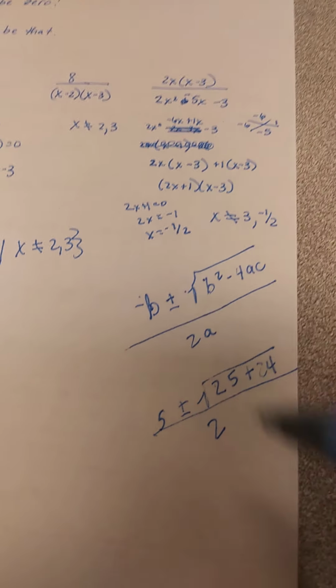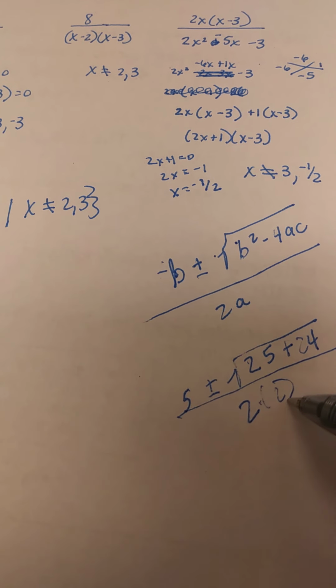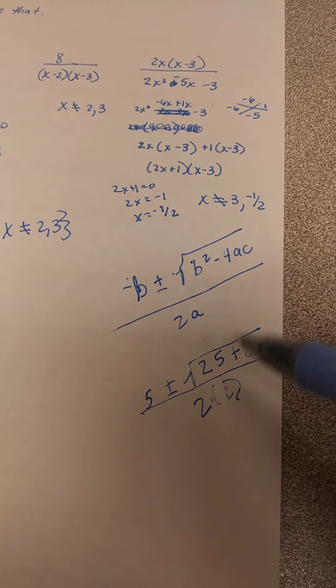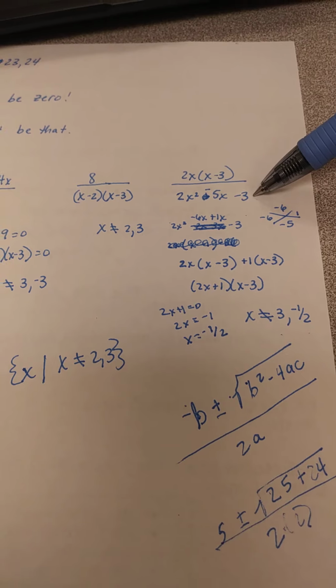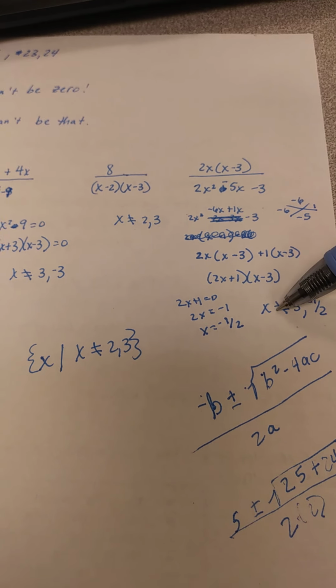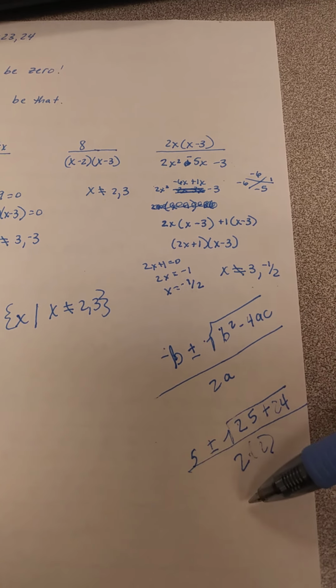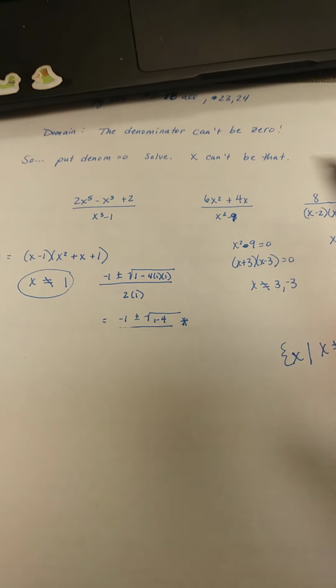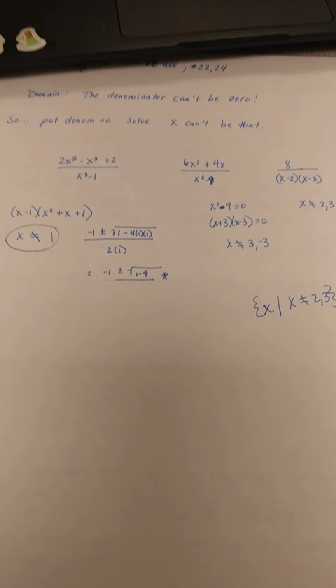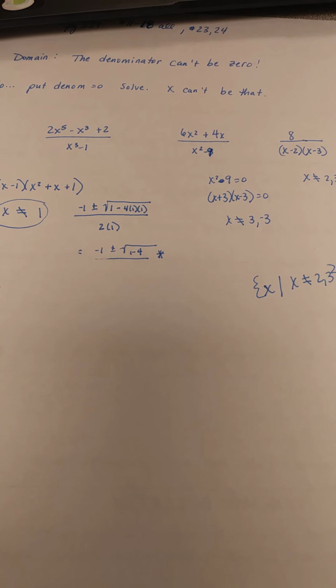The a is the first term, the 2. When we put it in there, if you work all that out, you end up getting those exact same two numbers that I got by factoring. So if you get something complicated like that, you can either factor it or put it in the quadratic equation. But what we're really trying to do is just use whatever logic we can to figure out what would make the denominator 0.